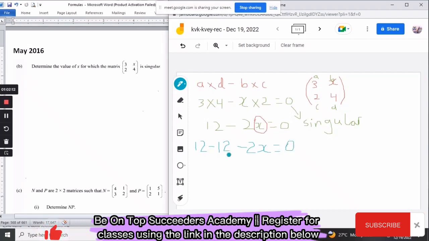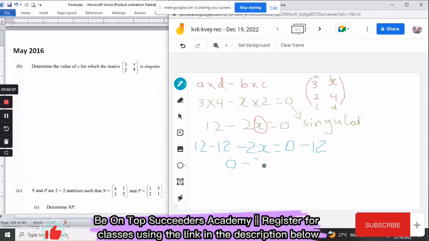Now, in transposition, anytime you do something on one side of the equation, in this case we subtracted 12, we have to subtract the same exact number on the other side to ensure that the equation remains balanced. Anything you do on one side of an equation, you do the same thing on the other side.